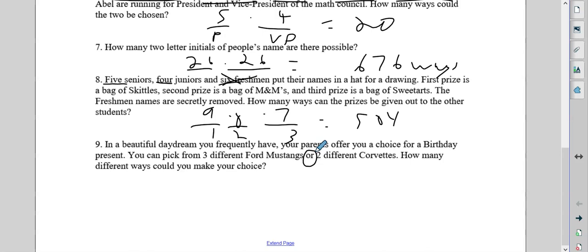You're only getting 1 car. Since it says or, it's basically saying there's 5 cars to choose from, and that's really all it comes down to. There's 5 choices. You can choose from the 3 of these or the 2 of those, which basically means they're saying, here's your 5 cars you can choose from. Okay?